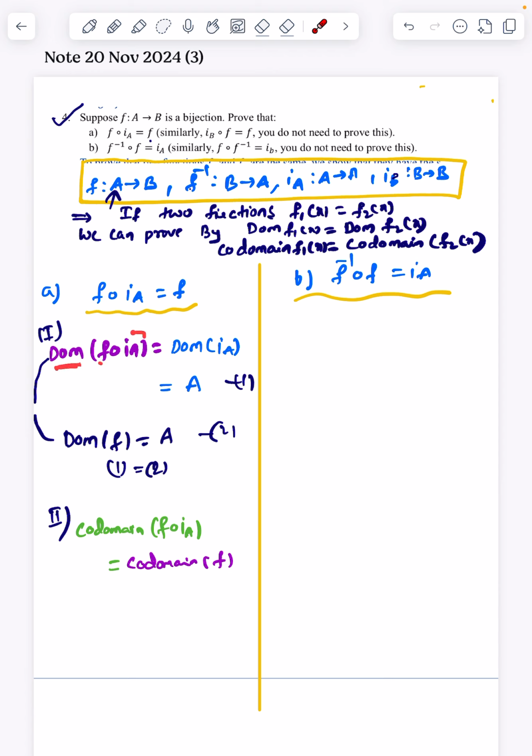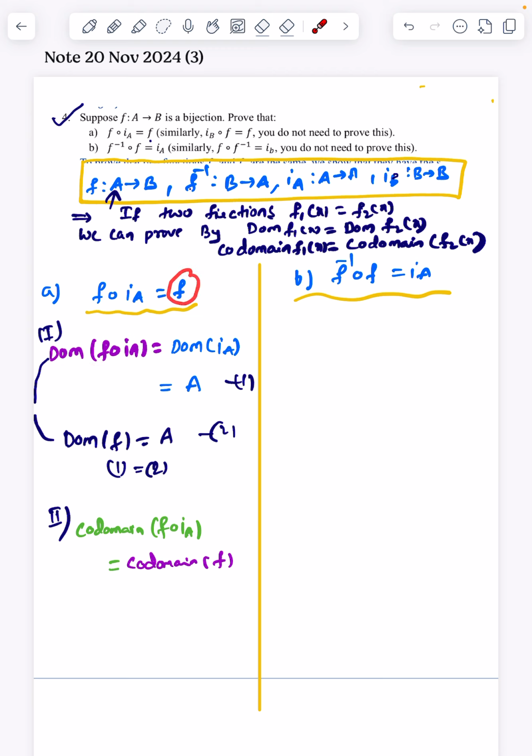The domain of a composite function is the domain of the second function, so it is the domain of I_A. In the function I_A, the domain value is the set A only.